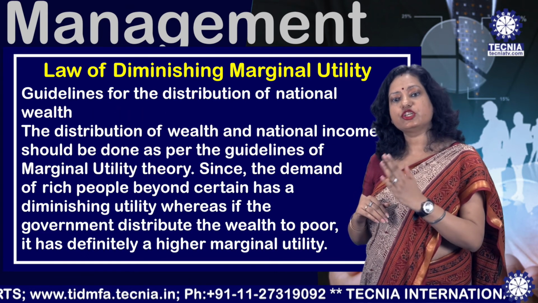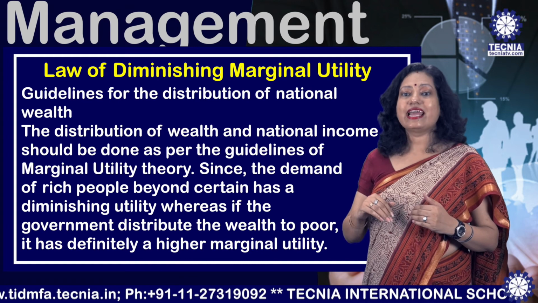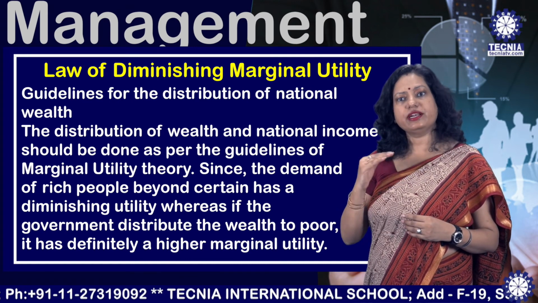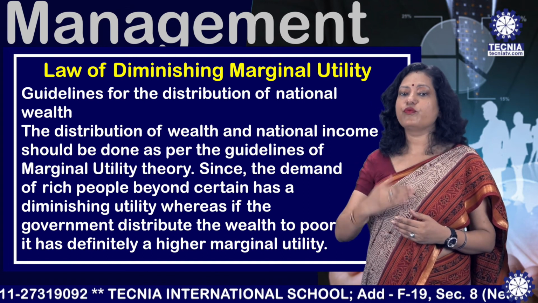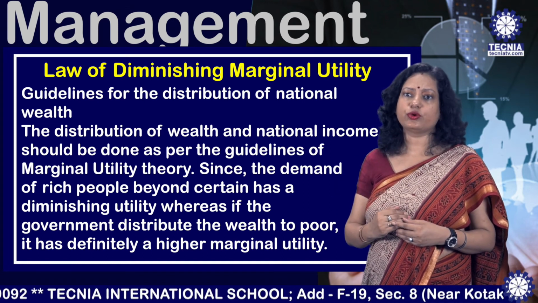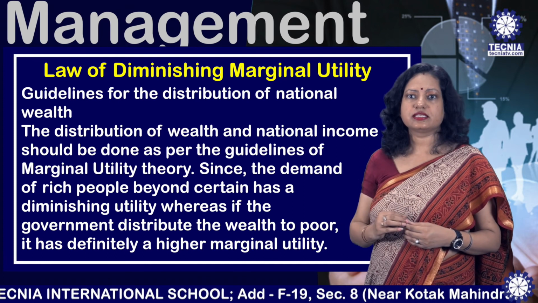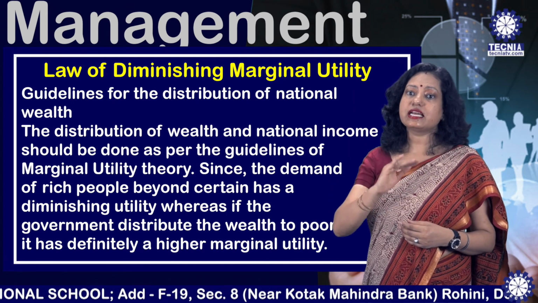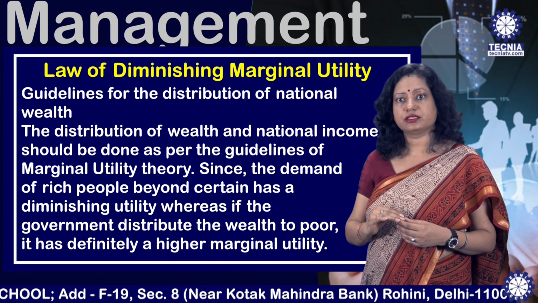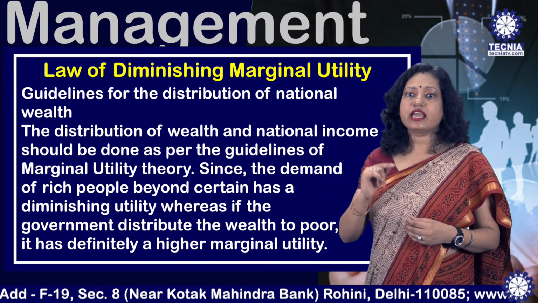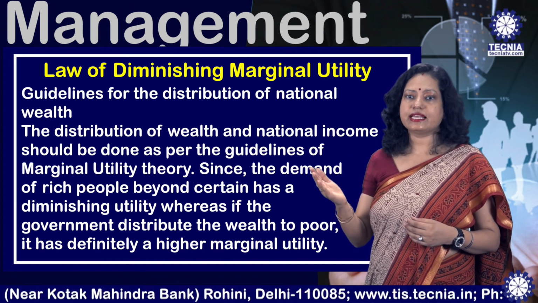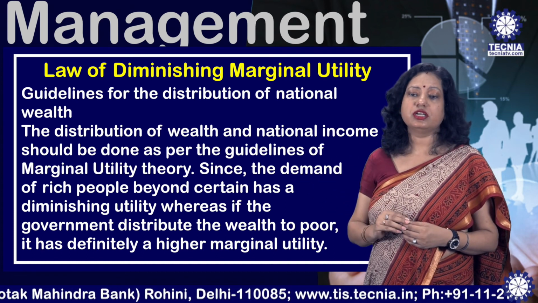Guidelines for the distribution of national income. The distribution of wealth and national income should be done as per the guidelines of marginal utility theory. Since the demand of rich people beyond a certain point has a diminishing marginal utility, whereas if the government distributes the wealth to the poor, it has definitely a higher marginal utility.